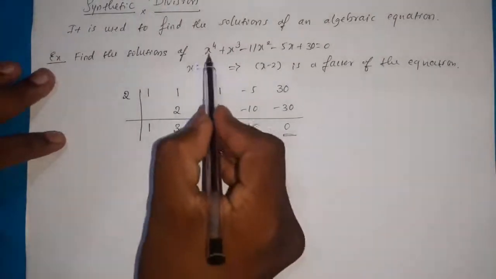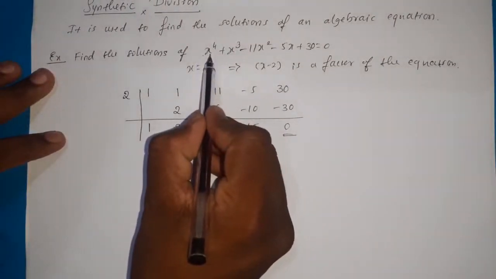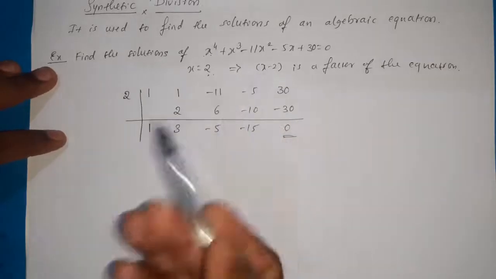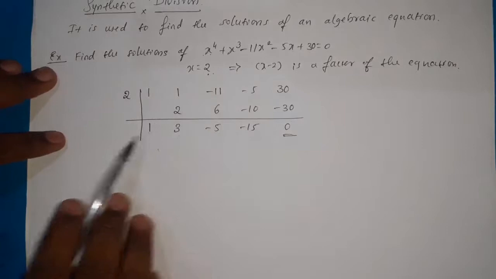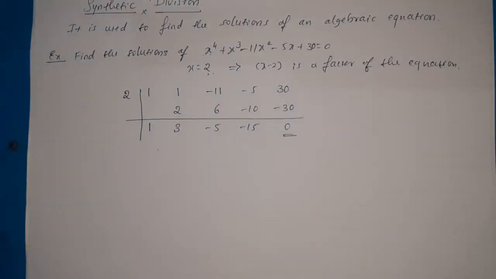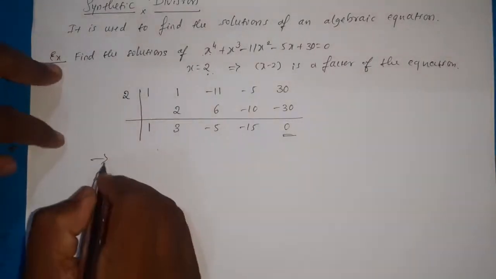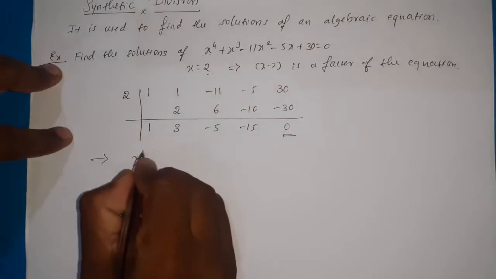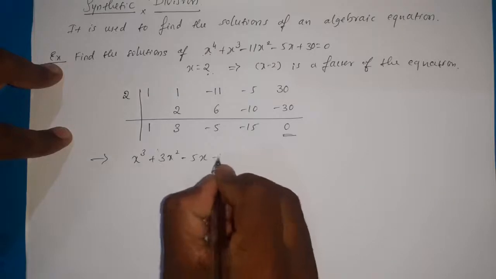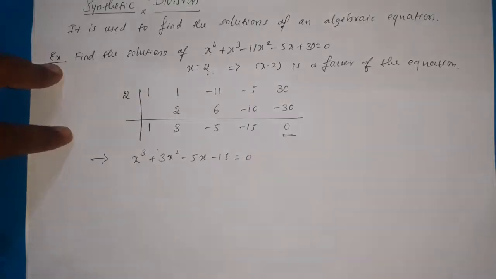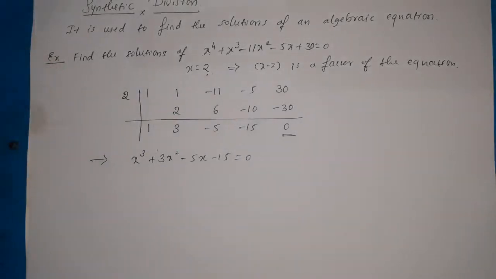Here the power of x is 4, so whenever we write the next equation by using these coefficients, the power of x will be reduced by 1. Therefore, the next lower order equation will be x cube plus 3x square minus 5x minus 15 is equal to 0, right? So here again, by using the trial and error method, we are going to find the next root.